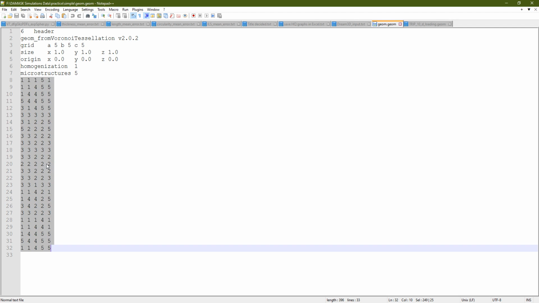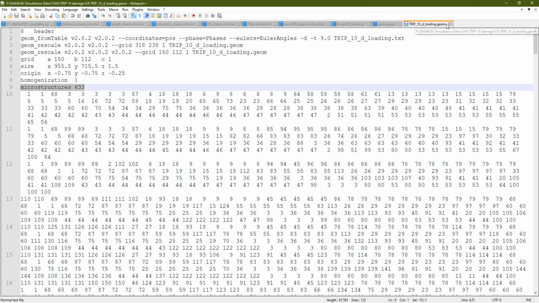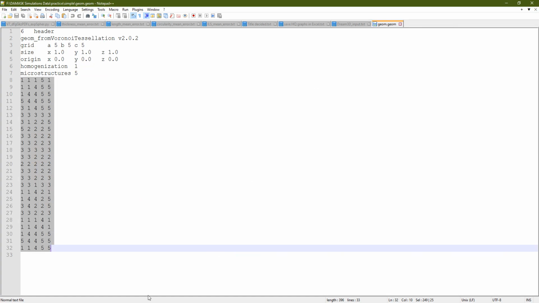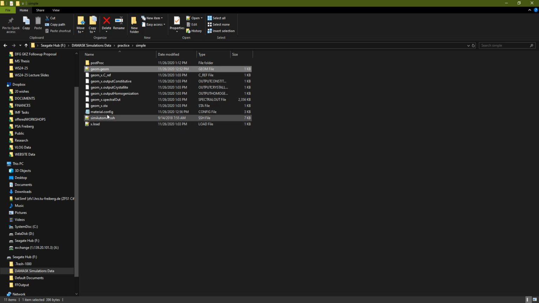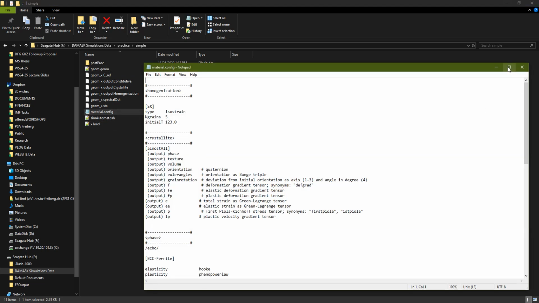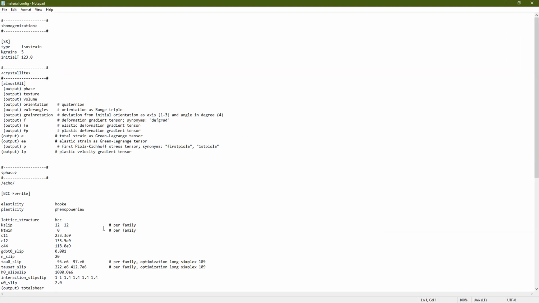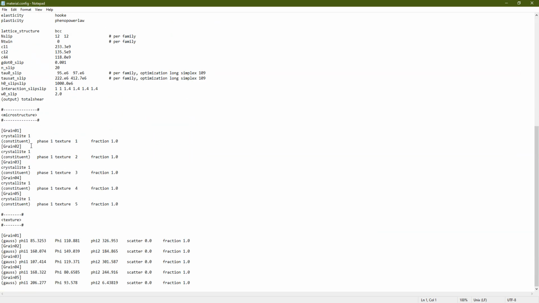So we will have information about all these 5. Let's look at the material config file, right? So we have grain 1, grain 2, grain 3, grain 4, grain 5.